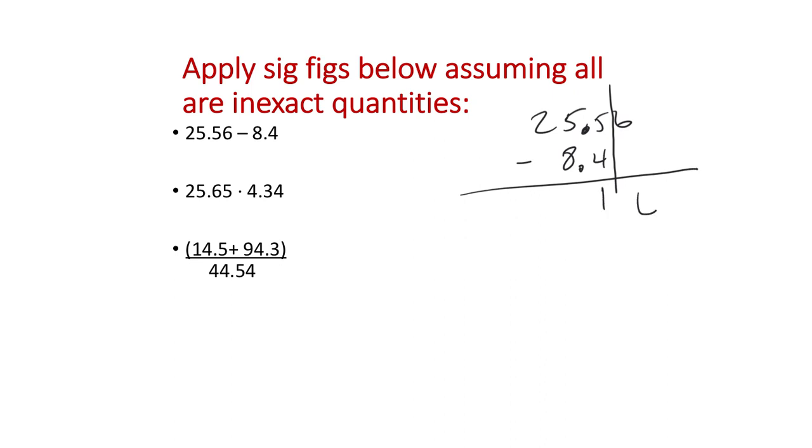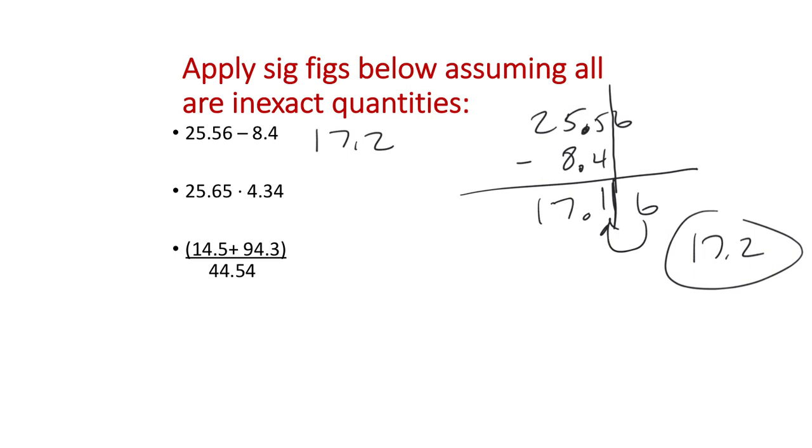Do our arithmetic: 17.16, and I'm going to round this to 17.2. Next, four sig figs times 3 sig figs. The number of sig figs should be 3, so let's do the math. 25.65 times 4.34, rounded to 3 sig figs, is 111.